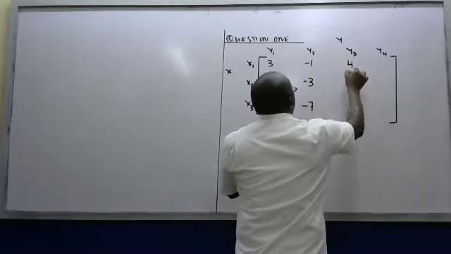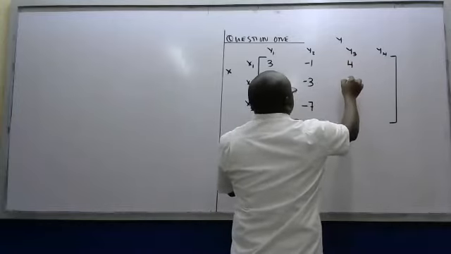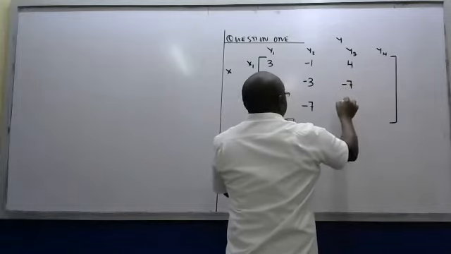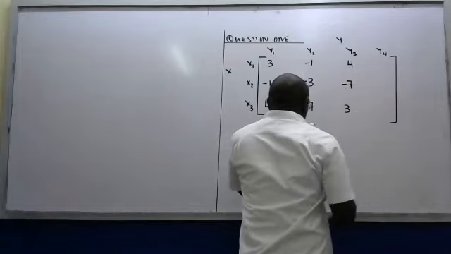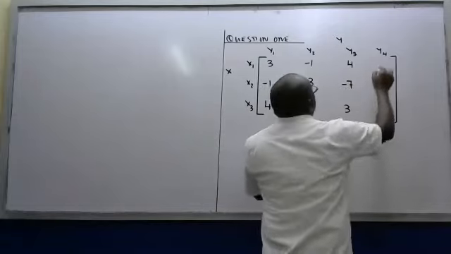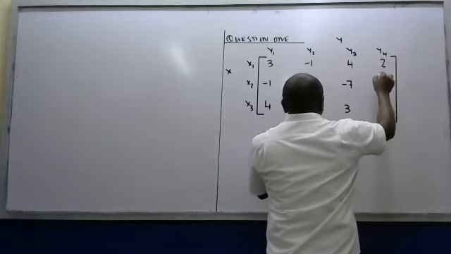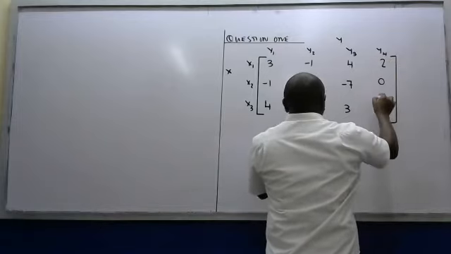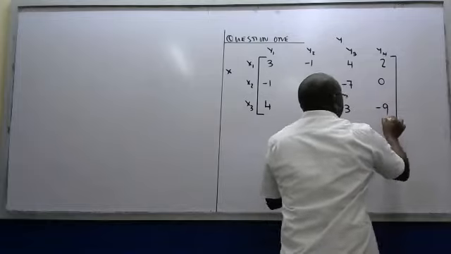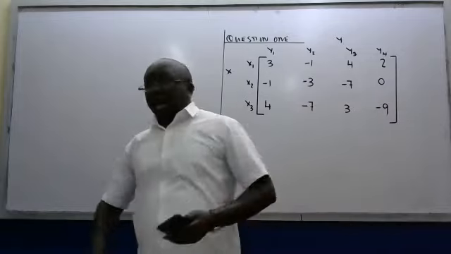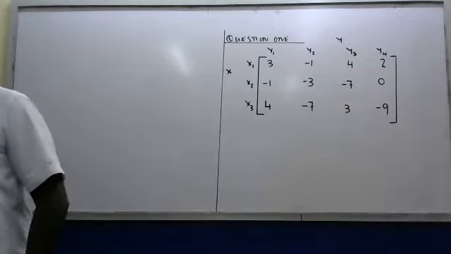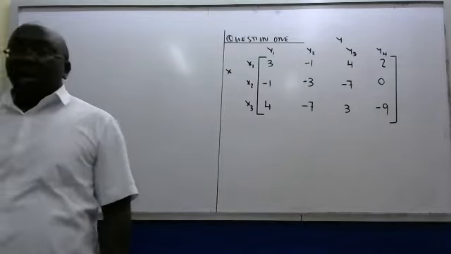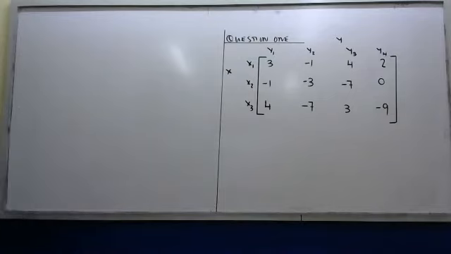This is 4. This is -7. This is 3. Then here I have 2, 0, and -9. So those are the three things that you need when dealing with those games.